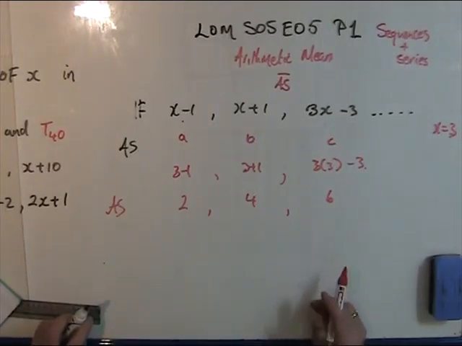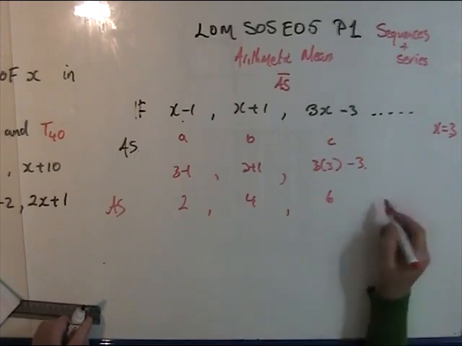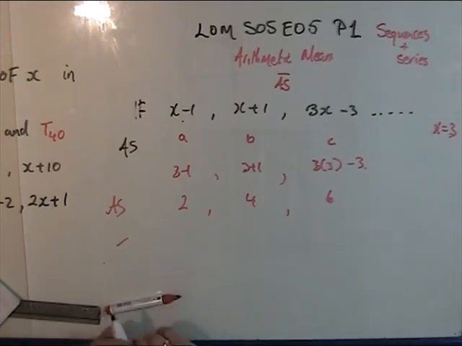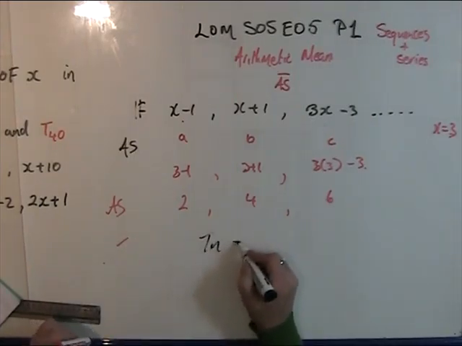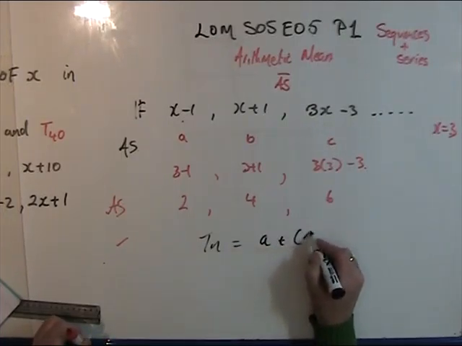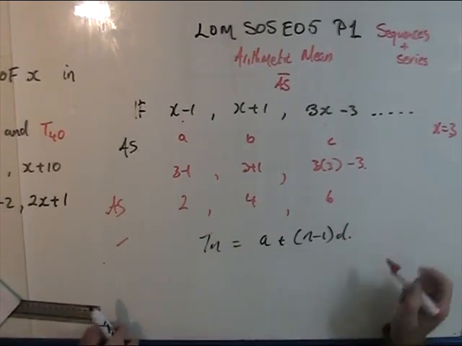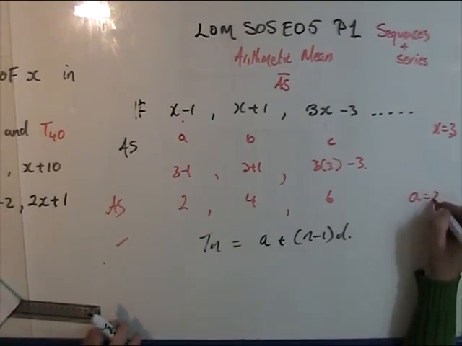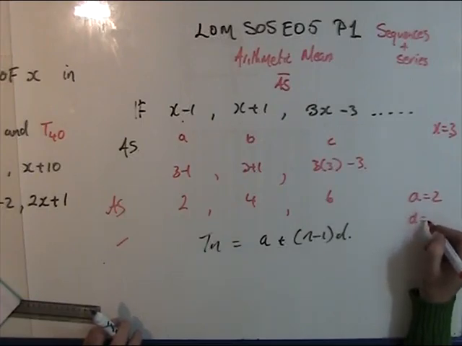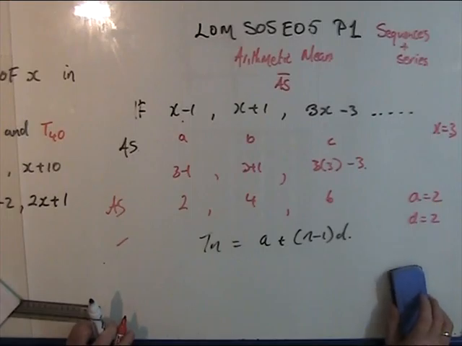Right, now let's see if we can make a Tn out of this. Remembering that Tn is equal to A plus n minus 1 times D. A is the first term, A is equal to 2, and the difference is equal to 2. We put those values in.